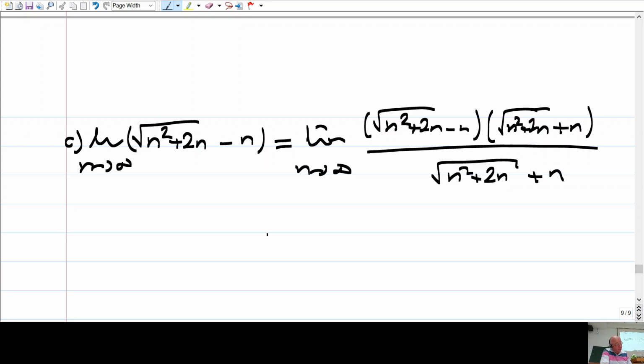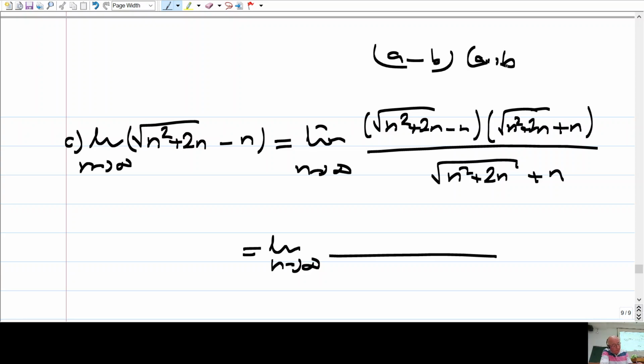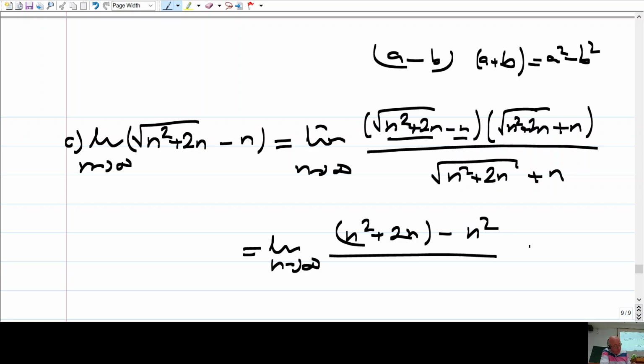However, if you look at the numerator, we get what? This is just a minus b times a plus b, so this is just a squared minus b squared. A is this expression, b is this. The square of this is just n squared plus 2n minus b squared, which is n squared.